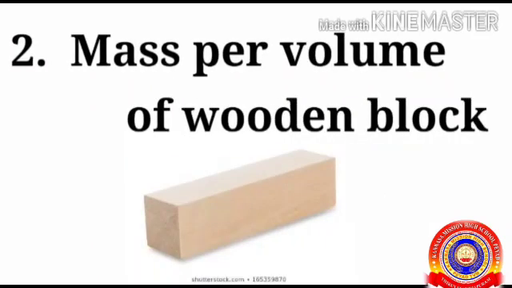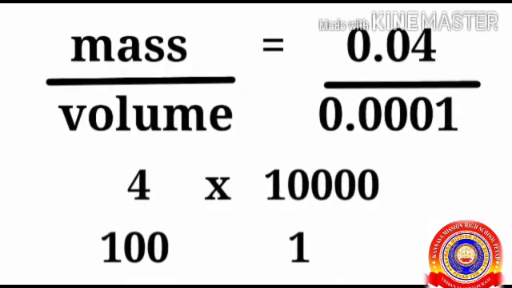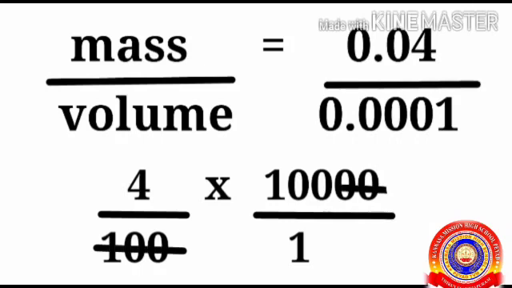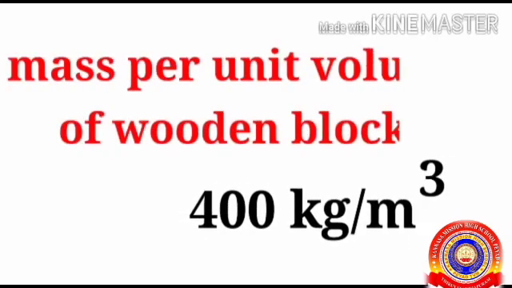Mass per volume of the wooden block is equal to 0.04 divided by 0.0001. So the mass per unit volume equals 400 kg per meter cube.